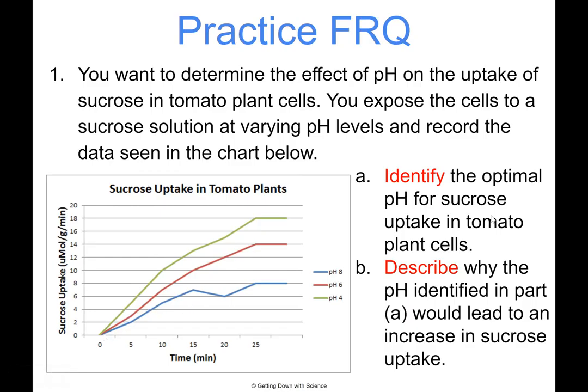So the first thing they ask you to do is identify the optimal pH for sucrose uptake in tomato plant cells. So at which one does it take up the most sucrose? And then it asks you to describe why the pH identified in part A would lead to an increase in sucrose uptake.